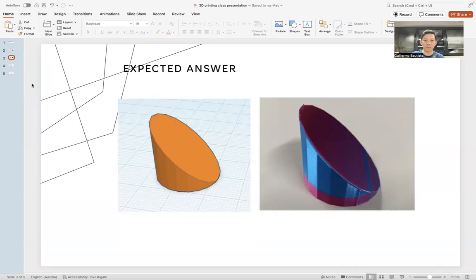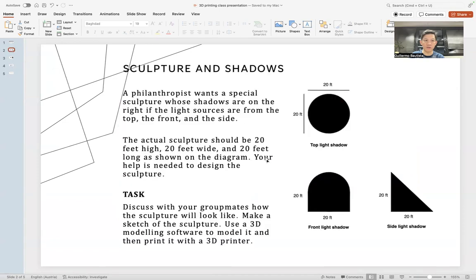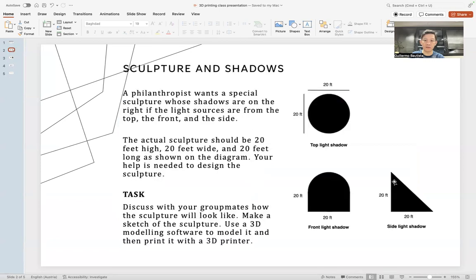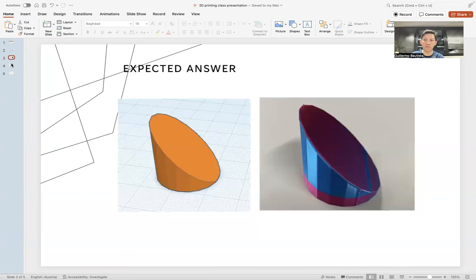If you put the light on the front side, this will be the shadow. And when you put the light on the side, this will be the shadow. So this is the object that we are looking for.